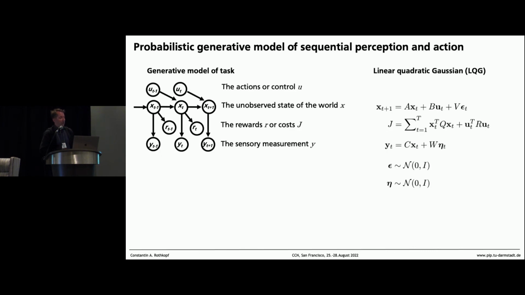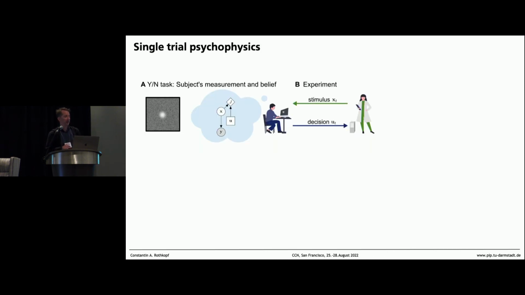Just to flesh this out briefly, I know some of you are experts in this and others haven't potentially seen this. Dominic will be giving you the details of this particular way of modeling in the framework of POMDPs, but now a special type of POMDP that uses certain assumptions, which is the linear quadratic Gaussian case, and he will show you how this plays out in modeling these data.